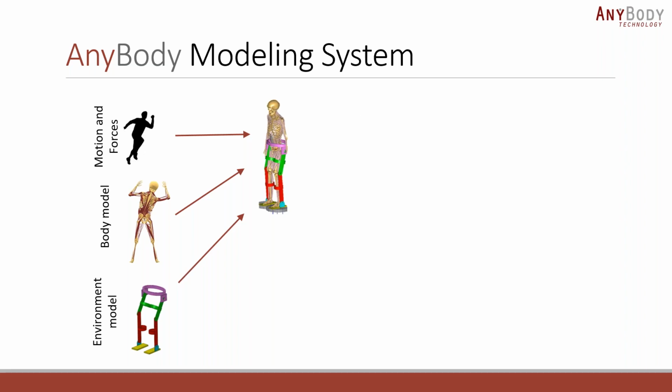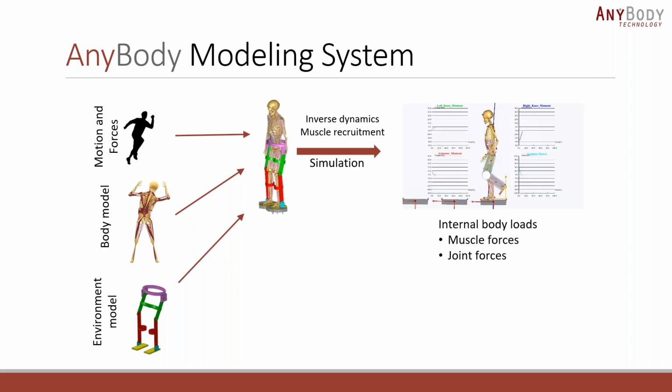Once the problem is constructed, we perform the inverse dynamics analysis, where we solve the muscle recruitment problem where all muscle forces and joint reaction forces are found, and that gives us the final output. An example of this output you can see on the right.